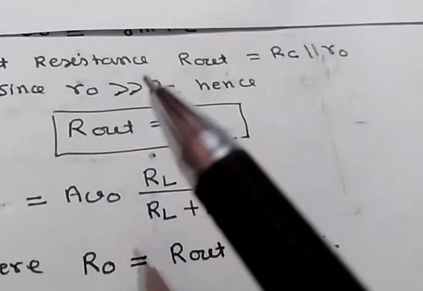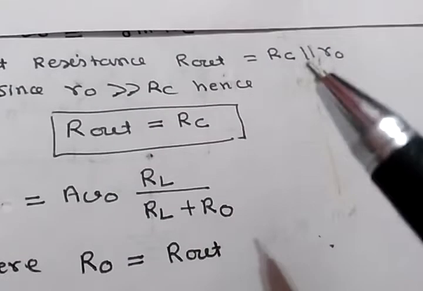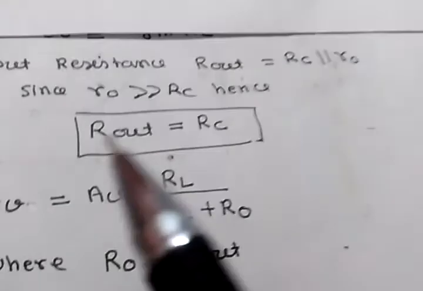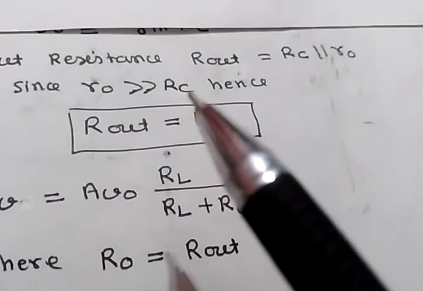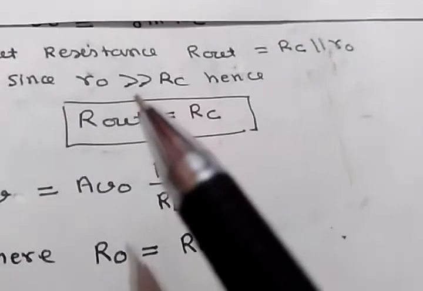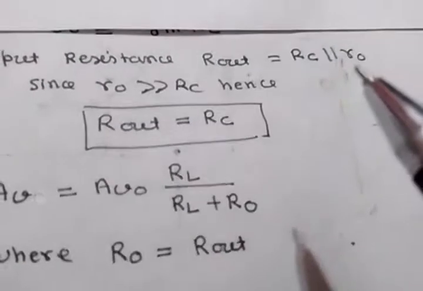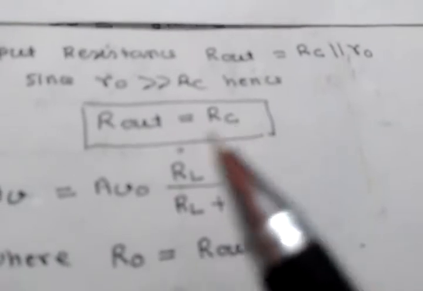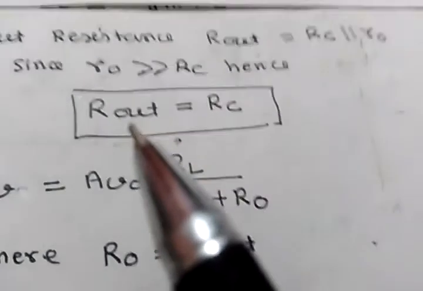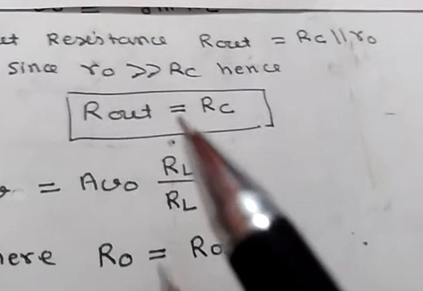So output resistance Rout equals Rc parallel Ro. Since Ro is greater than Rc, so we will apply this condition in this expression. We will get Rout equals Rc. This is the expression for the output resistance.